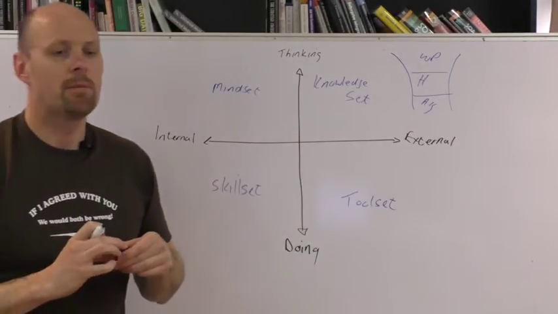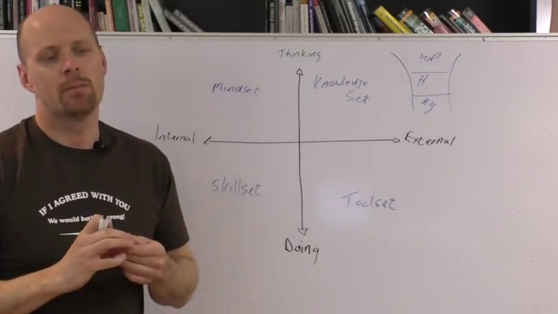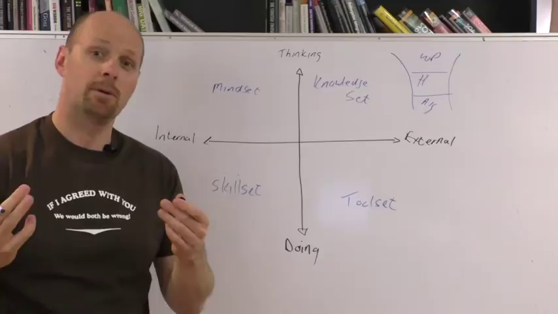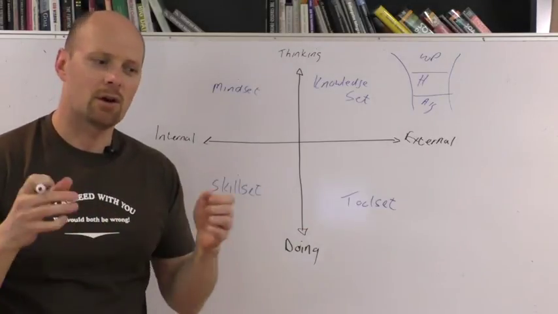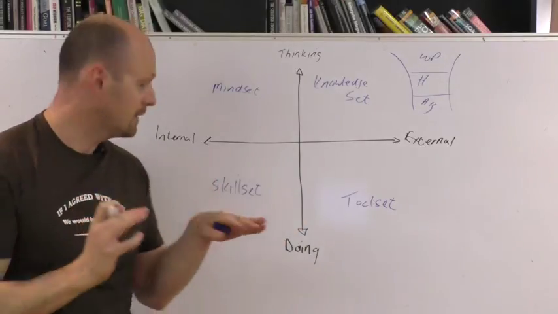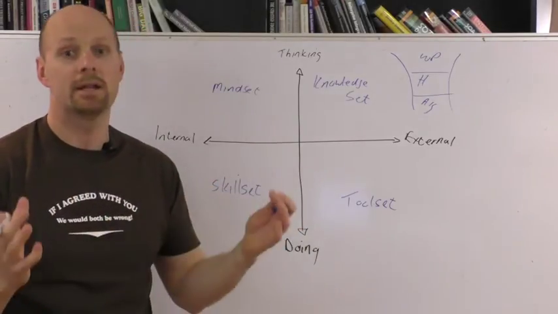So you might have competencies that relate to your ability to do problem solving, your ability to interact at a personal level with people, your ability to be very analytical. All of these things are competencies that you're strong and weak at, and that's really what makes up the skill set section, but it is an internal sort of capability.